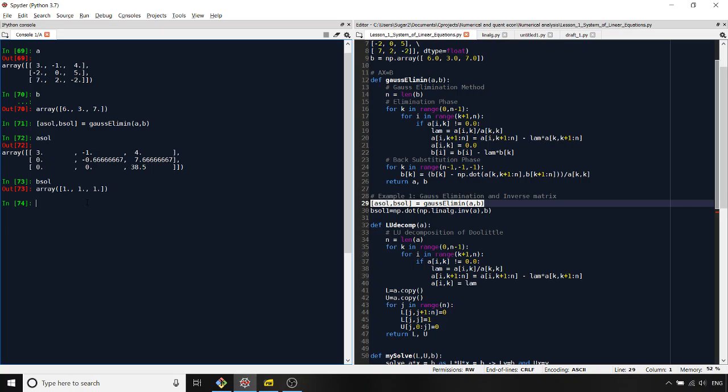We can confirm the correctness of the calculation by using NumPy's built-in inverse function. Usually we solve this system by calculating x equal to inverse of A, multiplied by B. It's matrix multiplication.